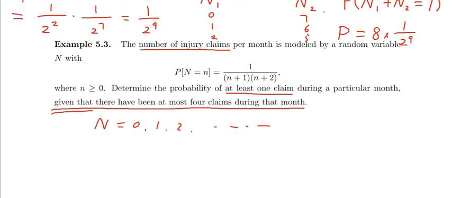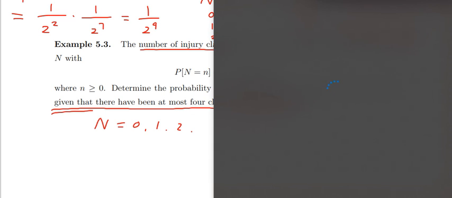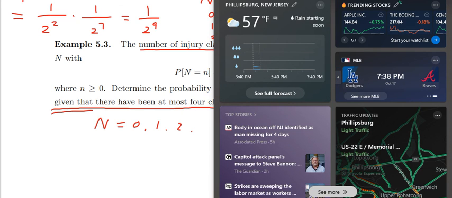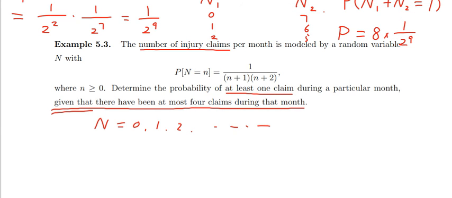I'm sorry. So 'given that' means conditional probability, we just focus on those things. Let's say the condition is at most 4 claims.